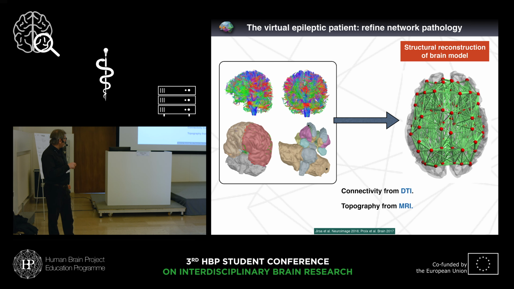First of all, how do we build such a network? For individual patients, we take the DTI, we build the connectome. MRI, reconstructed in three-dimensional space, gives us the topography. This gives us a topology. Together, in the same reference frame, co-registered, it gives us a skeleton or an avatar, a biological form that has nodes and links.